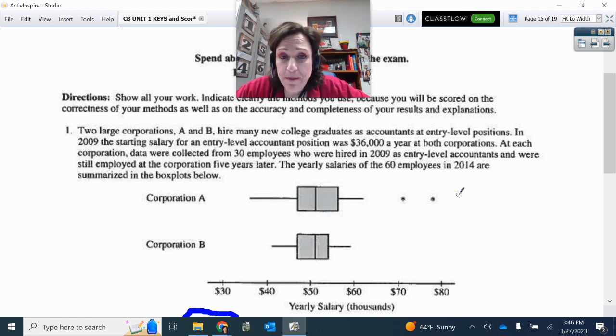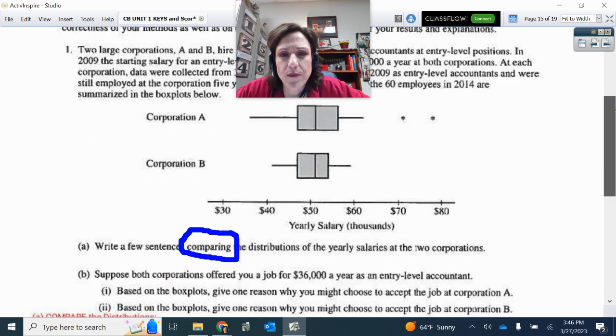You cannot say modes for the shape with box plots; you don't know how many modes there are. But Corporation B is more symmetric. Corporation A is more skewed to the right because of the length of this spread here. It's a little bit more skewed right.